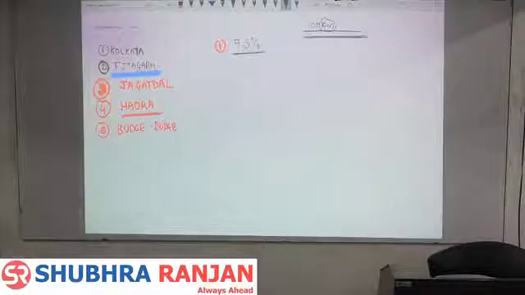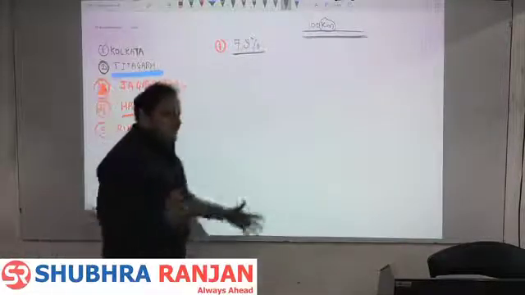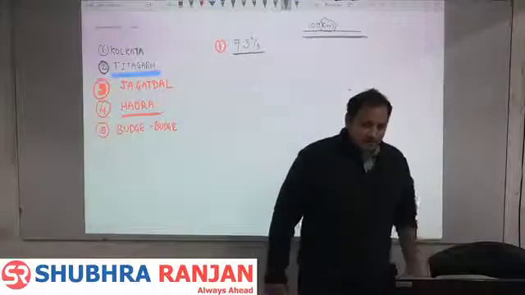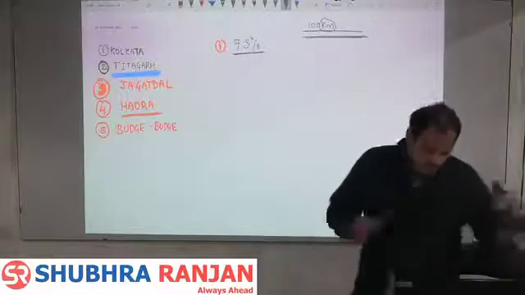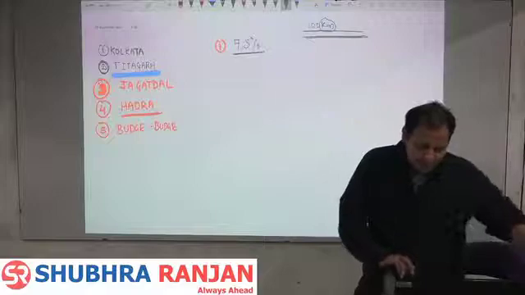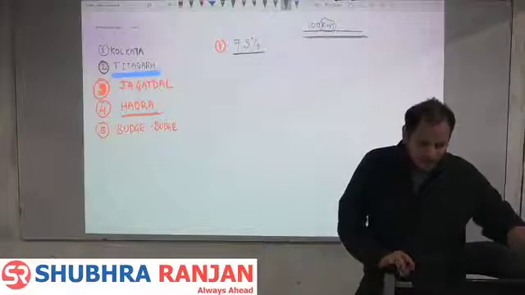Second, coal is available from Raniganj. Raniganj is in West Bengal.